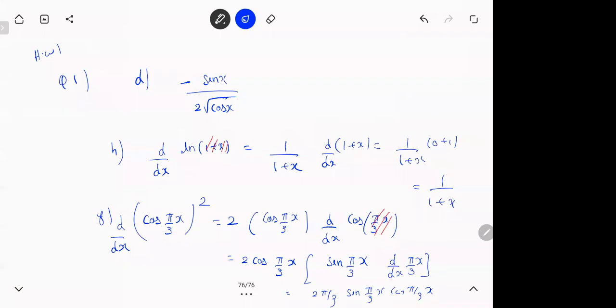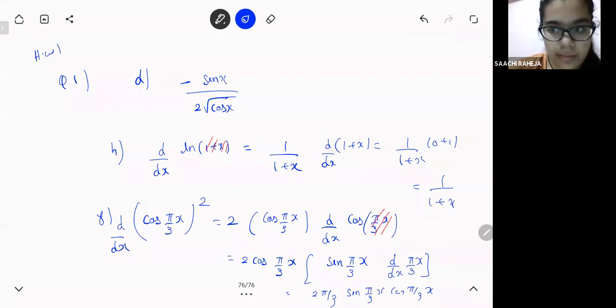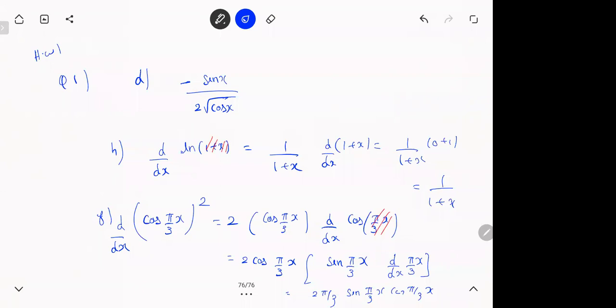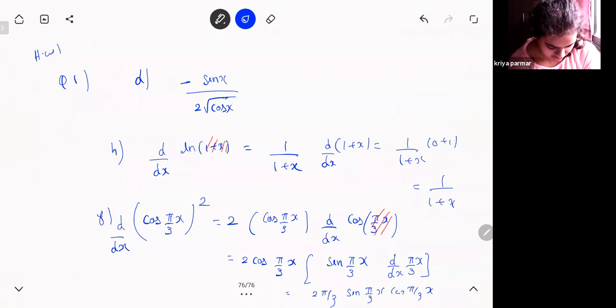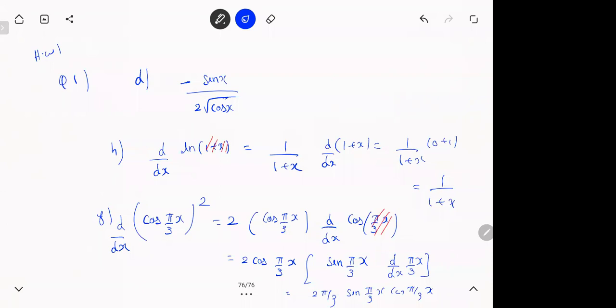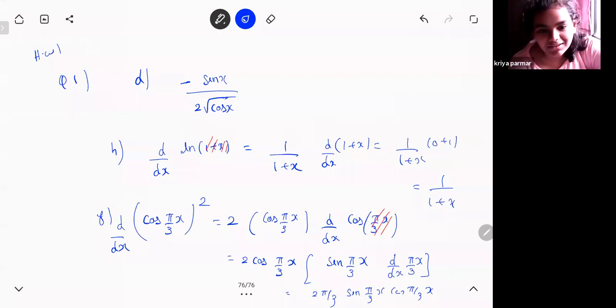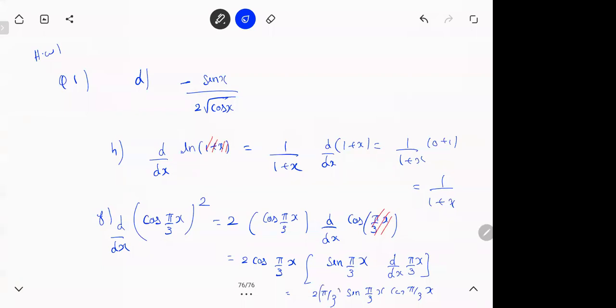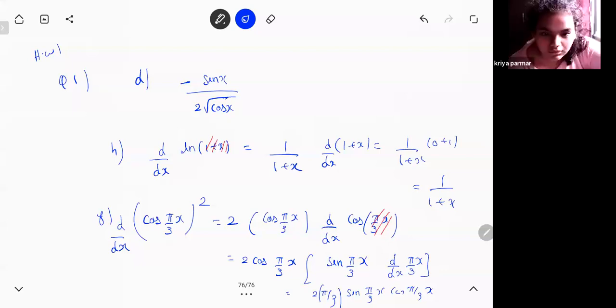So question number 3. Sir, this F1 I did not get. What? I did not understand the F1. What is F1? I mean the F one. What didn't you understand in it? Why did you take pi by 3x outside in 2 cos pi by 3x? I got up to 2 cos, but why did pi by 3x come outside? In the final step.